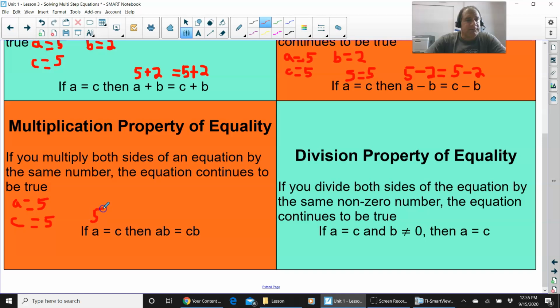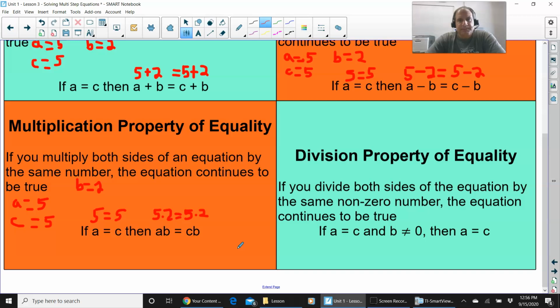So you have 5 equals 5, right? Because A and C are equal to each other. And so here I did 5 equals 5, and then A times B, which is 5 times 2, B remaining 2, and A is 5, equals C, which is 5 times 2. All right, obviously 10 equals 10.